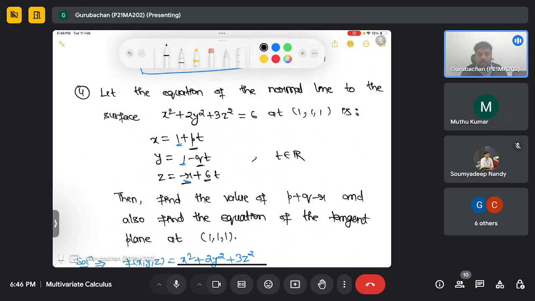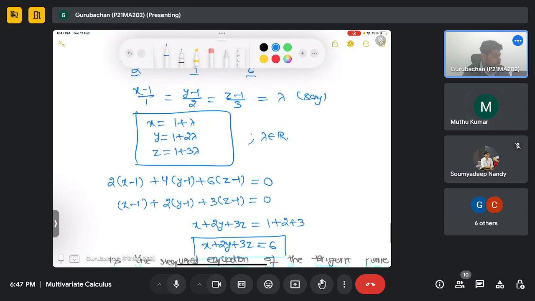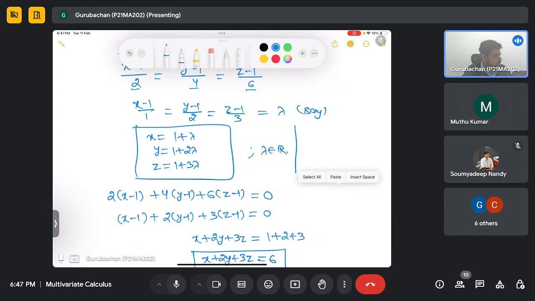Okay. Minus r value will be the same, and the p and q will be changed as 1 and minus 2. So I am again computing that with respect to this direction ratio. With respect to this direction ratio, I can say that p will be equal to 1, q will be equal to minus 2, and r will be equal to minus 1.